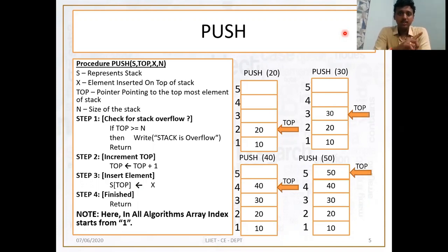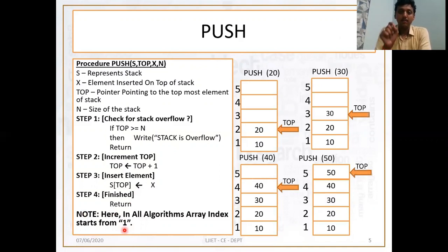In our previous lecture, we studied the operations on stack and how we can write the algorithm and how we take the array indexes. I'm just repeating in 2 minutes. Students, please take a note and pen. Please write down that in our lectures, in algorithms, we take array index starting from 1, but in programs, we take array index starting from 0.